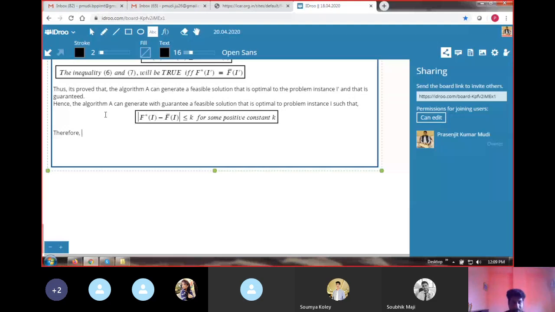Therefore, the 0/1 absolute approximation algorithm for, sorry, the 0/1 knapsack problem is NP-hard.